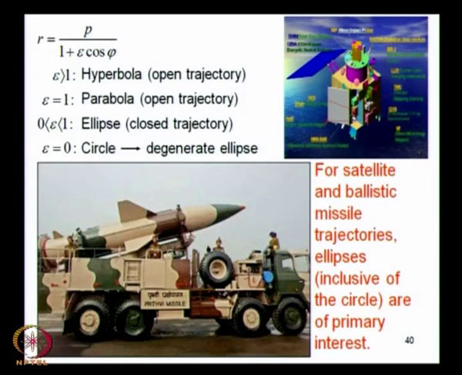So, you may have an open trajectory, you may have a hyperbola if the eccentricity is greater than 1, you may have a parabola if the eccentricity is exactly equal to 1, and then you may have closed orbits, which is what will happen if the eccentricity is less than 1, and then if the ellipse is degenerate, the major axis and the minor axis, if they are equal, you get a circle. So, that is what will happen if the eccentricity is 0, and these are of course very important in rocket technology and satellite shaping, orbit shaping and so on.